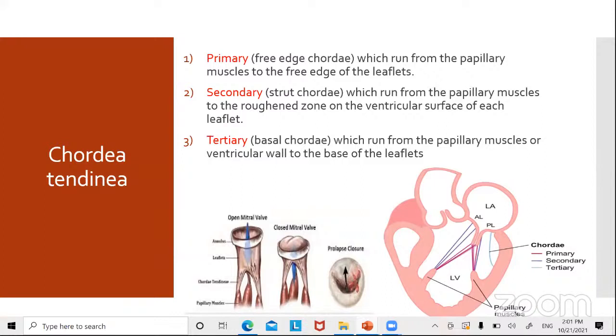The secondary, which are inserted on the ventricular surface of the leaflet and relieve the valve of excess tension. And the basal or tertiary, which are limited to the posterior leaflet and connect the leaflet base and the mitral annulus to the papillary muscle.